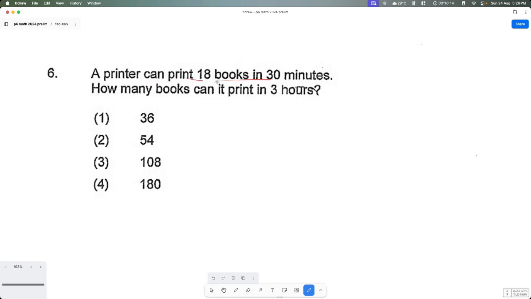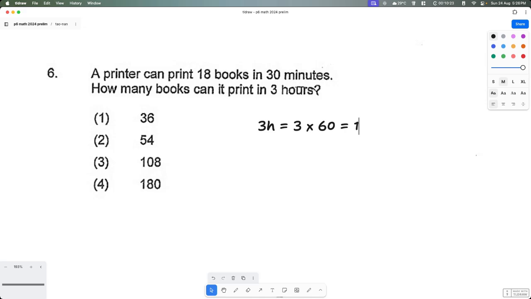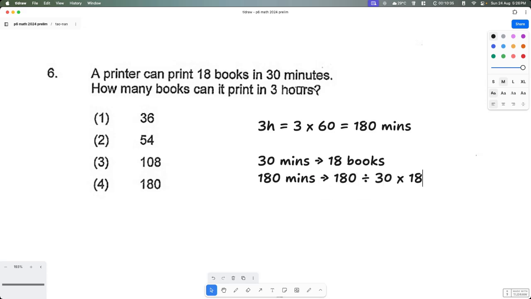A printer can print 18 books in 30 minutes. How many books can it print in 3 hours? So 3 hours is equal to 3 times 60, which is 180 minutes. 30 minutes is equal to 18 books. So 180 minutes is equal to 180 divided by 30 times 18. So this will become 6 times 18.